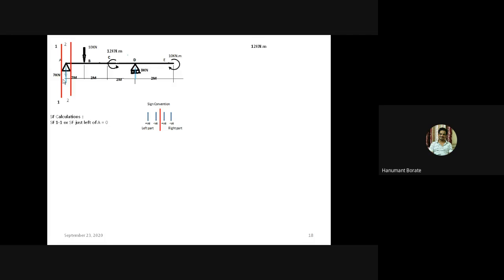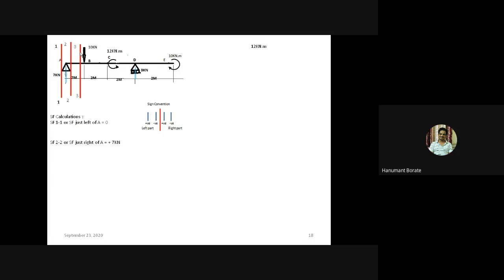Now take section 2-2 just right of A. Divide the beam into two parts, forget about section 1-1 and consider only the left part. For the left part, this Ay force is acting in the upward direction, and according to the sign convention, for the left part an upward force is positive. So the SF at section 2-2 will be plus 7 kilonewton.